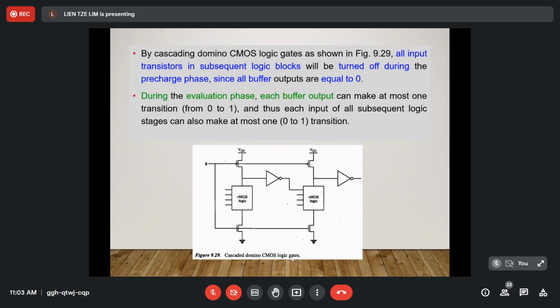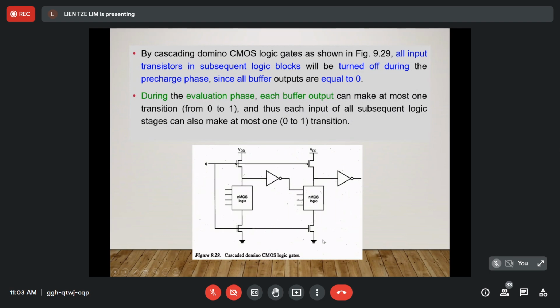And you see here, this is the dynamic logic gate, the first one. This is the second one, and in between there is a CMOS inverter. This CMOS inverter connects to the output of this logic gate, and then the output of the CMOS inverter is connected to the input of this logic gate.